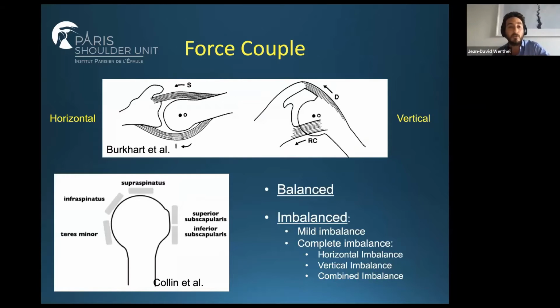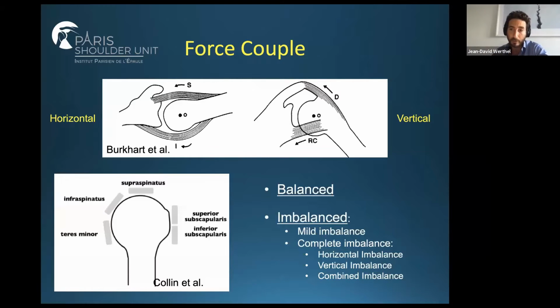And if we look at these two force couples, if we look at the shoulder from above, we can see that in the front there's the subscapularis. And in the back, there is the posterior cuff with the infraspinatus and the teres minor. These two muscles are opposite, and they create a horizontal couple.